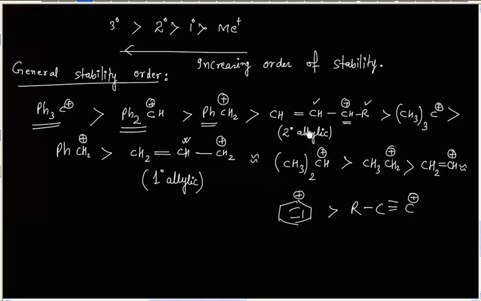Now the 3-degree carbocation is very similar in stability with 2-degree allylic. So this is 3-degree carbocation. So this part you can remember. 3-degree carbocation is very similar to 1-degree allylic carbocation. So 2-degree allylic carbocation.